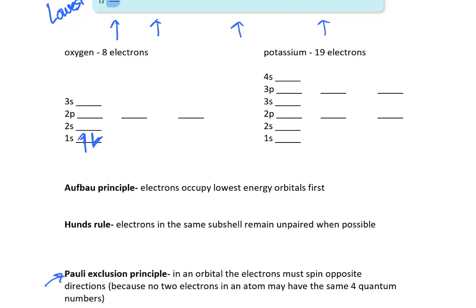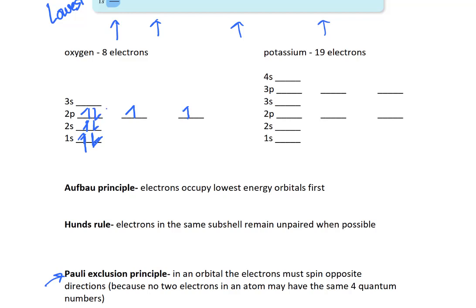You don't know what quantum numbers are yet, so you're just going to pair the spins, 1 up, 1 down. So then you come into the 2s, 1 up, 1 down. So we've used 4 electrons. Now let's put in 1, 2, 3, and then come back and pair with number 4.